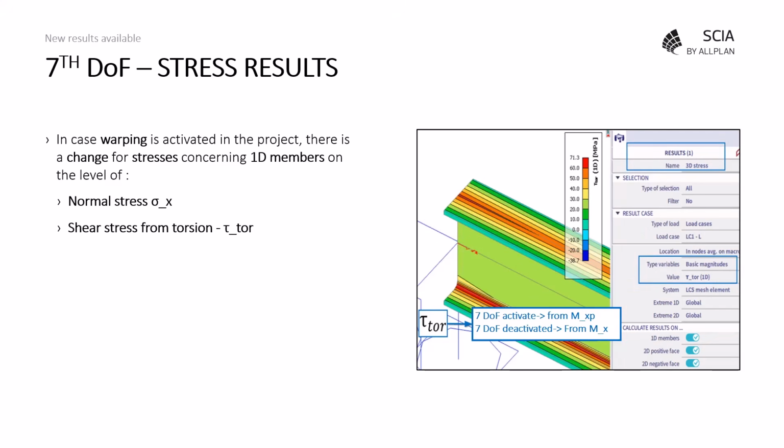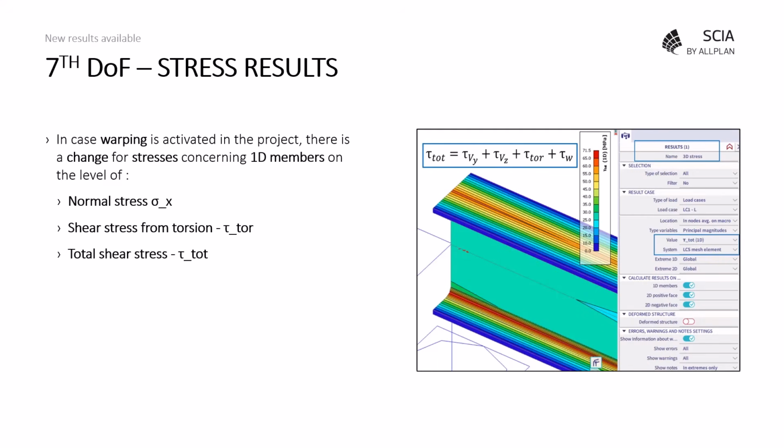As for shear stress from torsion, tau tor, if 7th degree of freedom is activated, this value will be calculated based on the moment mxp. If it is deactivated, it will be calculated directly from mx, in that case, the total torsional moment.